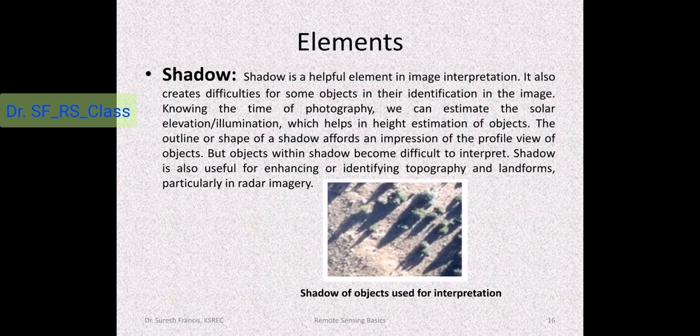It can be a building, it can be a tree, it can be a hillside, and it will also help us to estimate the solar elevation and illumination characteristics, knowing the time of photography. If the time of the photography is known, we will be able to identify the sun elevation, sun angle, or illumination characteristics. And even the height of the object can be estimated with the help of this.